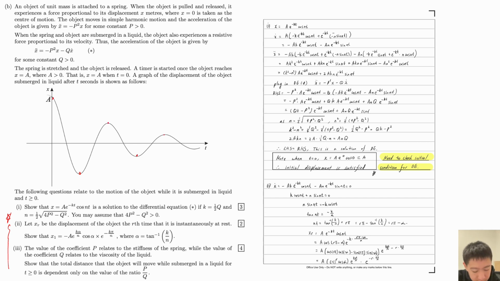So we just need to find the stationary point, and the way we do it, we differentiate it and equate to 0, and then we can solve this. We can solve t using this expression. It's just a trig equation.